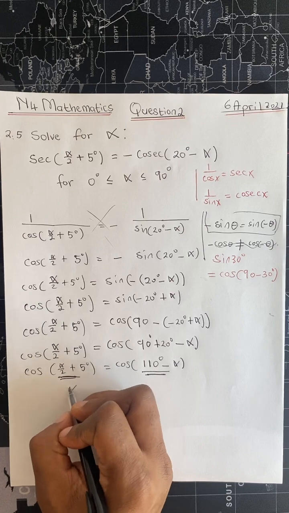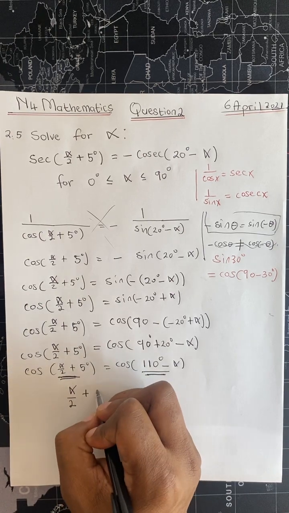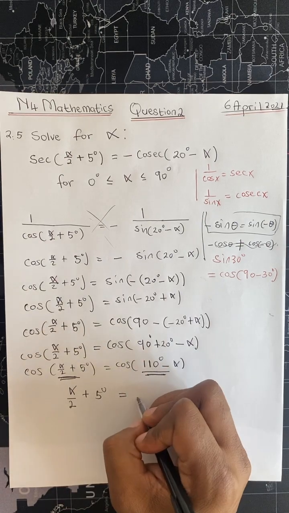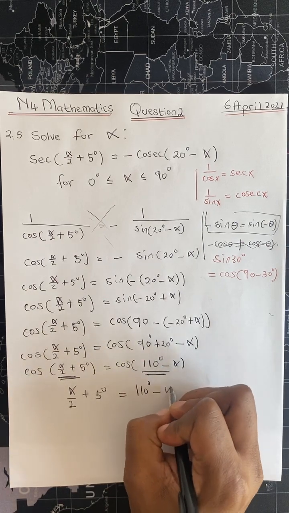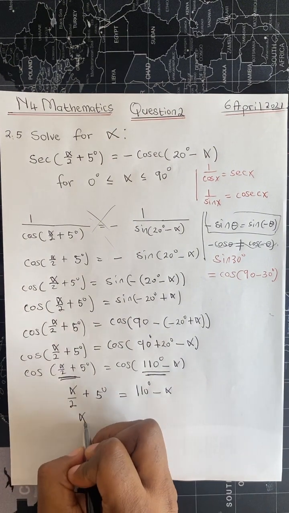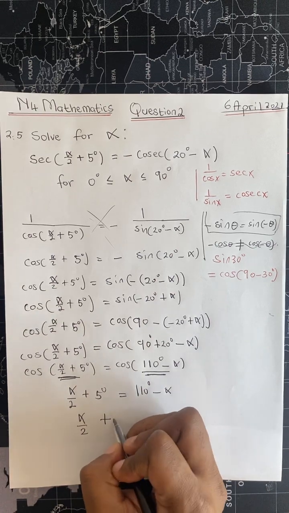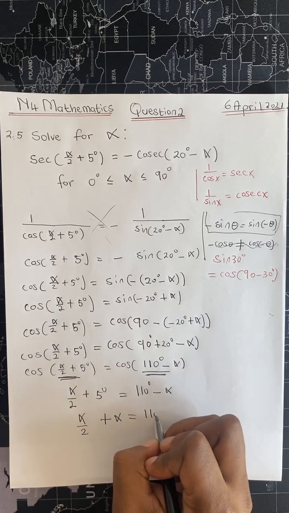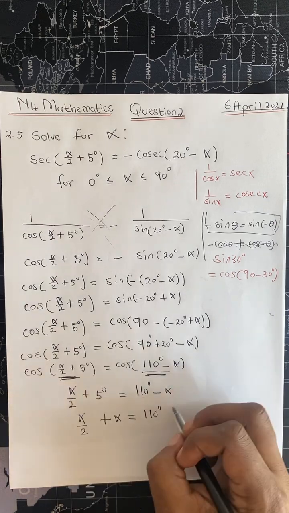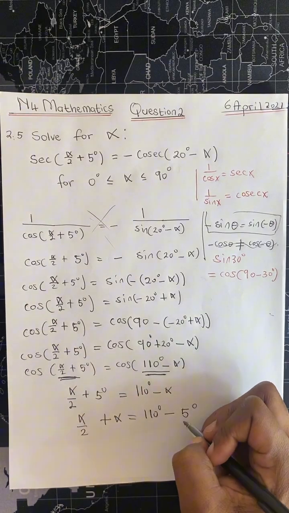We are just saying that alpha over 2 plus 5 degrees must be equal to 110 degrees minus alpha. So we can group the like terms. We take that alpha to the left, it changes sign from negative alpha to positive alpha. And this 5 degrees, we take it to the right, from positive 5 degrees to negative 5 degrees.